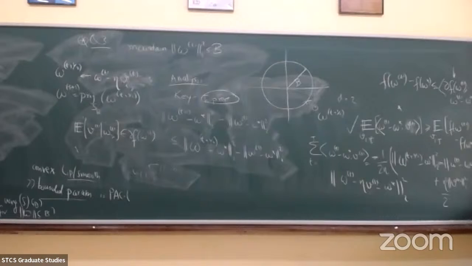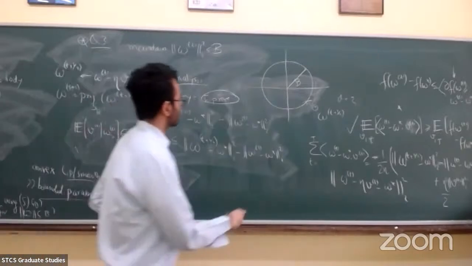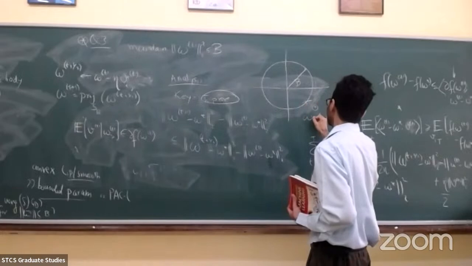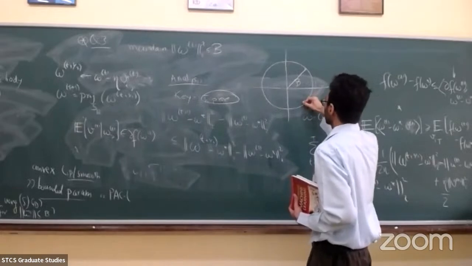Give me any convex body H. This is some convex body, perhaps just a sphere. So let V be the projection on H of W. So W is this thing, and V is this thing.